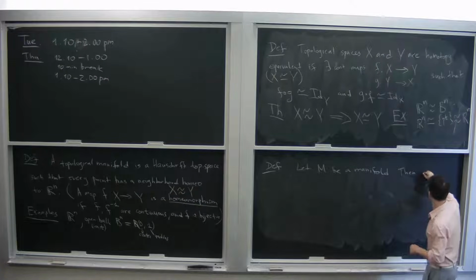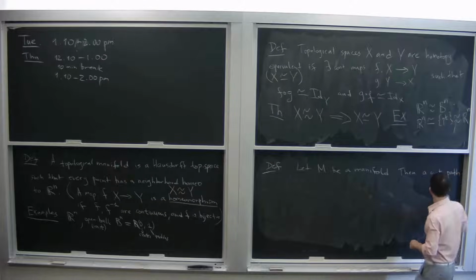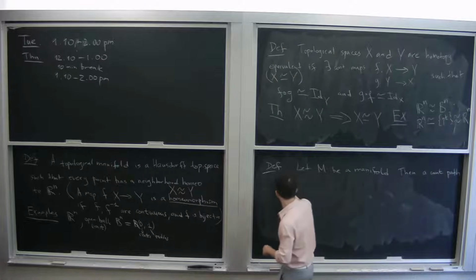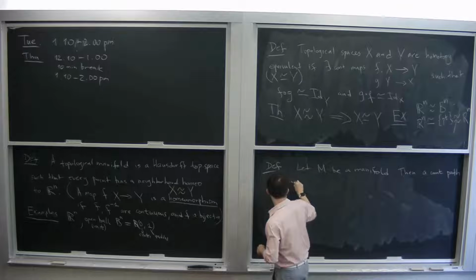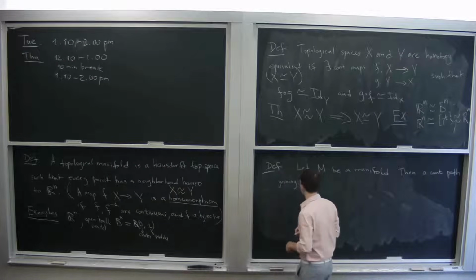Then a continuous path joining points. How will we denote them?